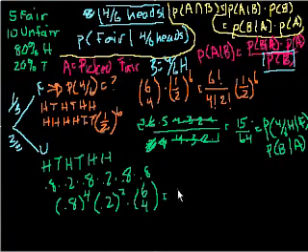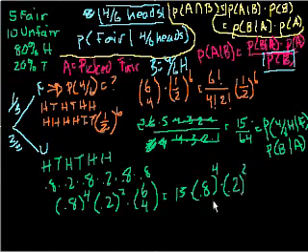So this equals 15 times 0.8 to the 4th times 0.2 squared. This is the probability of 4 out of 6 heads given an unfair coin.